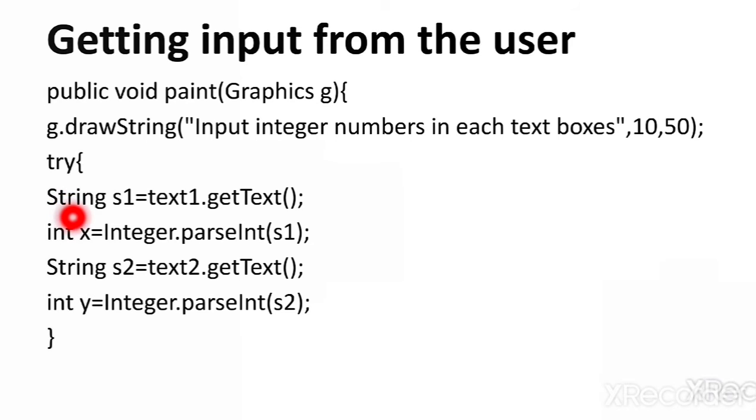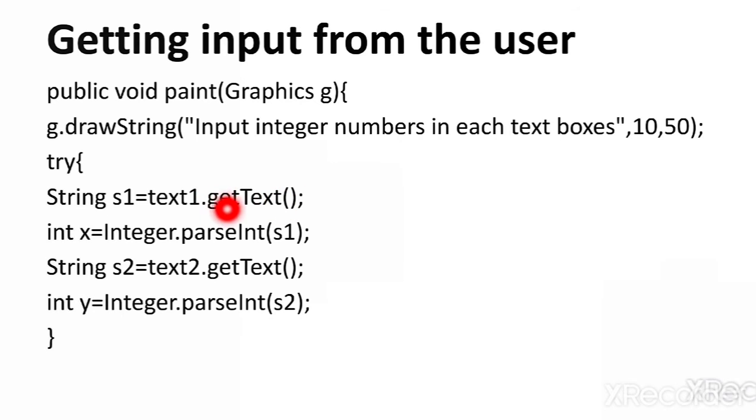Let us see. I'm declaring a string variable s1, which reads the value of text box 1: text1.getText. The getText method will read the value of the text box, and obviously the applet treats the input as text, not as numbers.